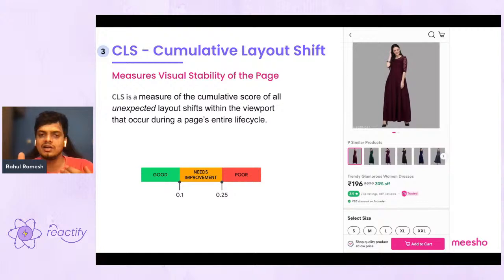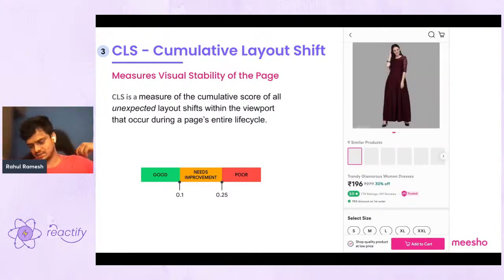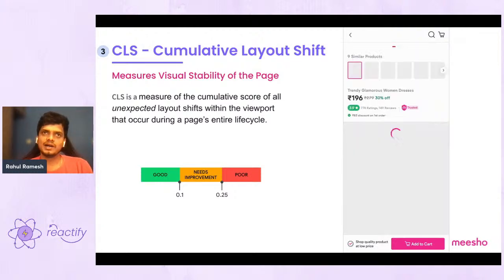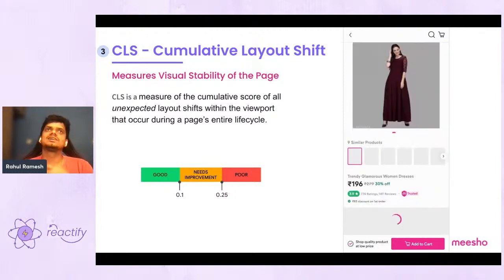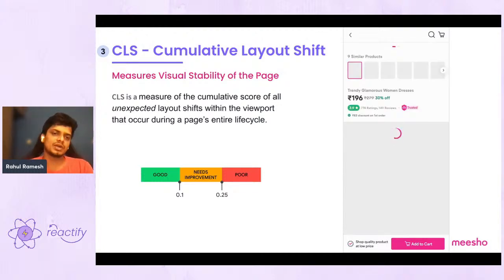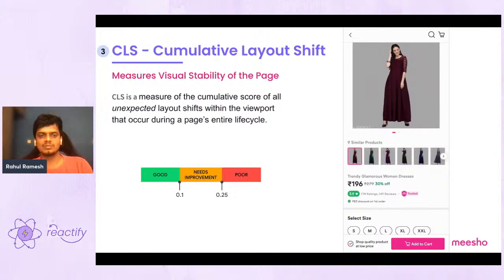Stability can be in many ways, right? For example, your page has to load and it has to be consistent. So what does CLS measure when I say stability? Let's say you load a page quickly, but there are certain low hanging fruits where, for example, an image or a video or some other component is taking more computation on your server, and it is getting delayed and comes a bit later.